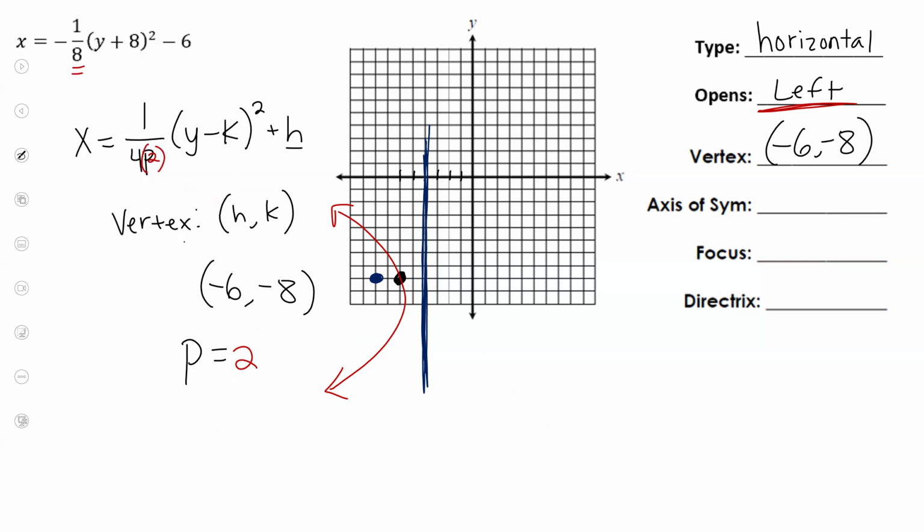So let's label those locations. Right here is the focus. That is at (-8, -8). This is the directrix. That crosses the x-axis at -4.